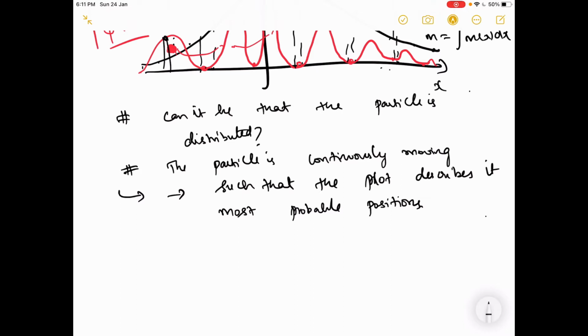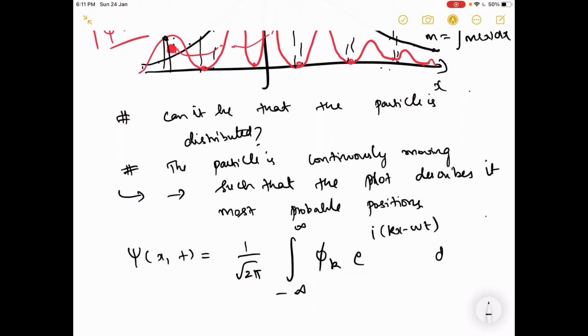So in this regard, we saw that the wave function psi at any position x and time t can be expressed by this continuous description. Wave functions are continuous, so we have e power i(kx minus omega t) dk.